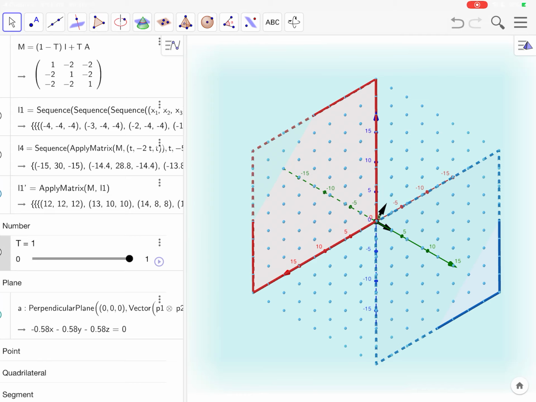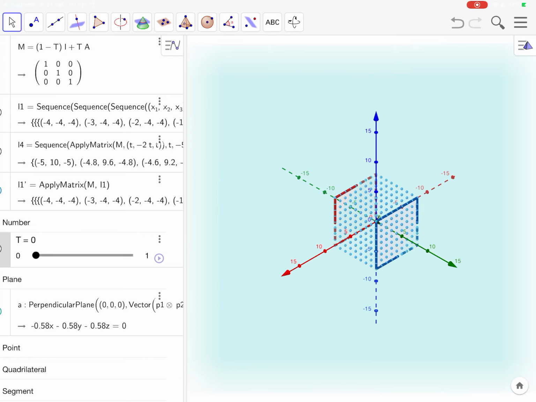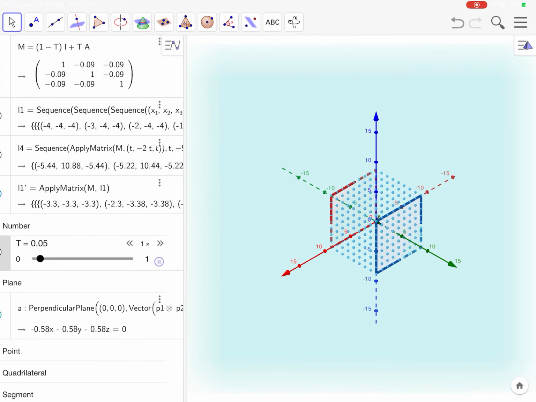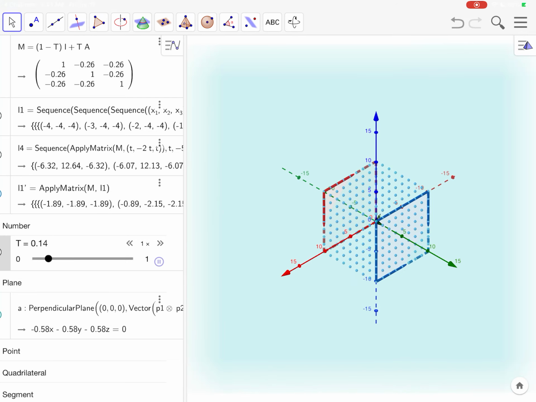So I think that this is super cool to be able to look from this perspective and just see how the eigenspace related to lambda equals 3 just grows throughout this transformation.